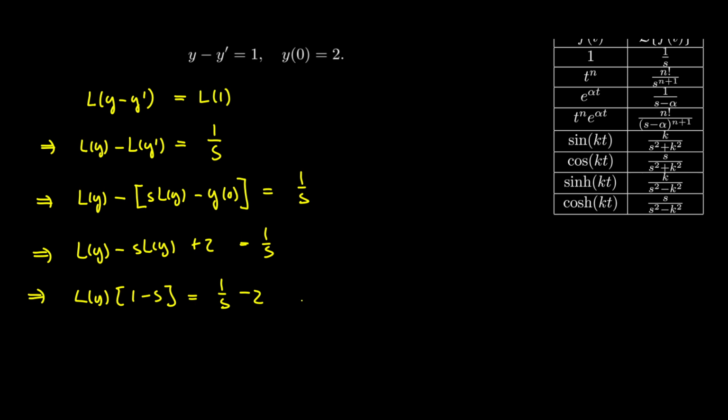So now, once we've done this, the technique is to always solve for L of y. So let's do that. So we're going to have that L of y is equal to 1 minus 2s all over s times 1 minus s.